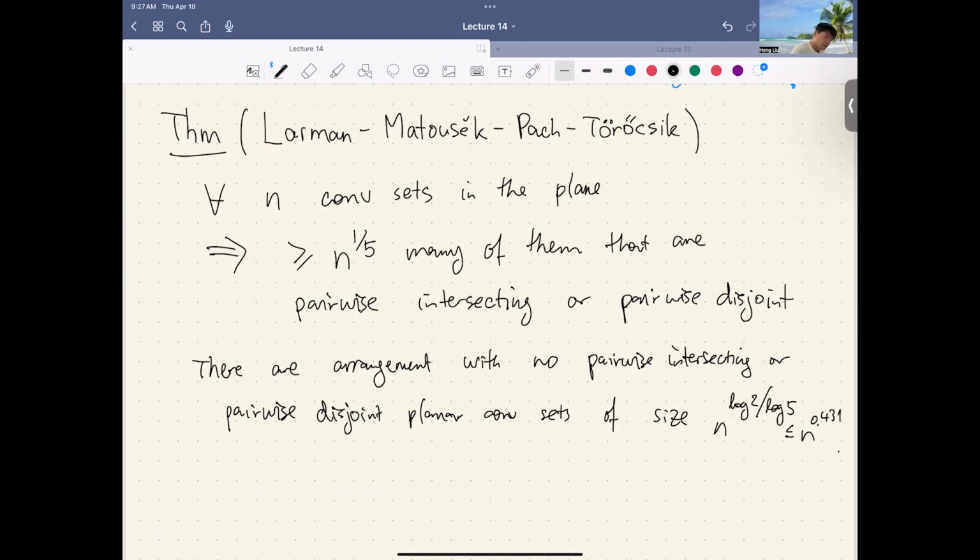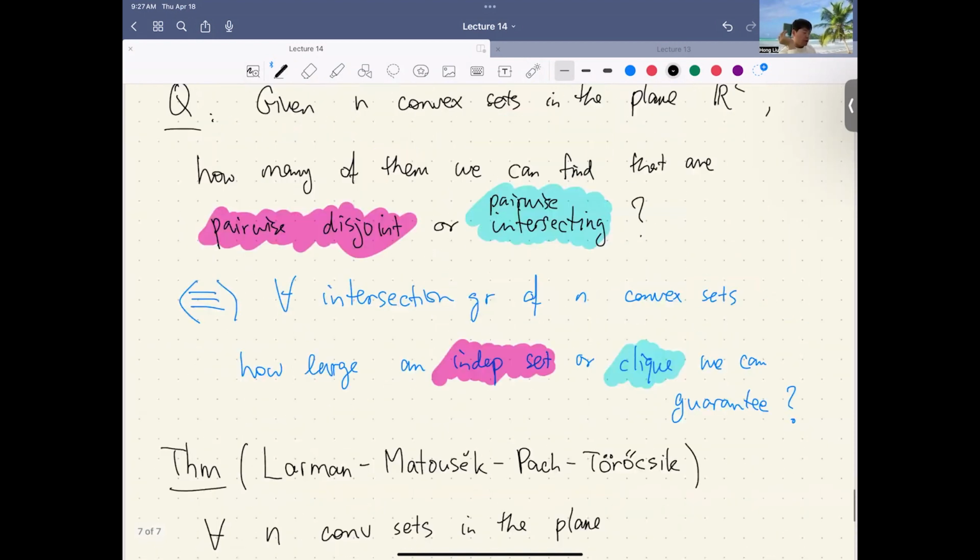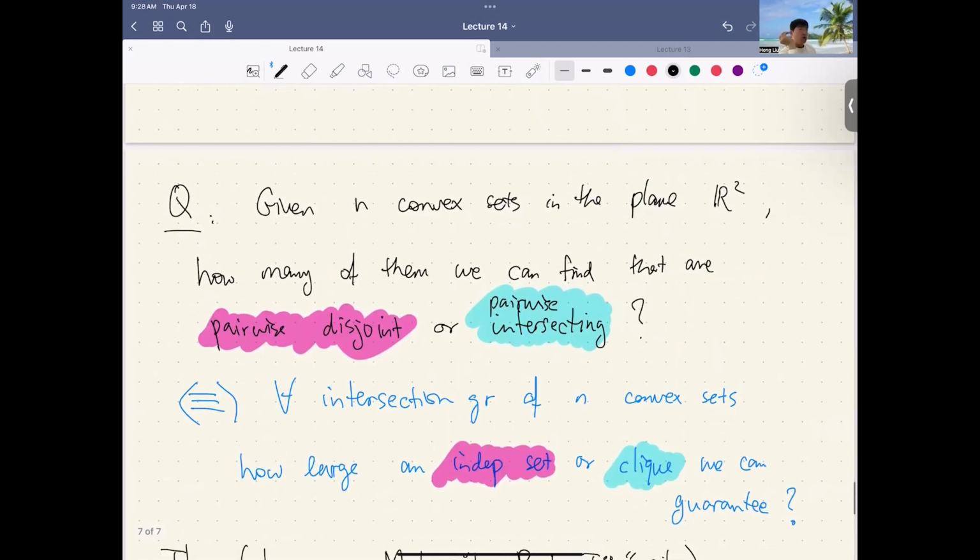So, open, improving remark. Improving this will be interesting. I will not write this. So this is an open problem. Before proving it, I should make a remark which is worth making: we start with the interval graph, which is convex sets in 1 dimension.